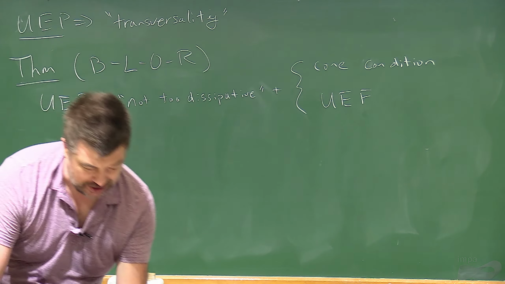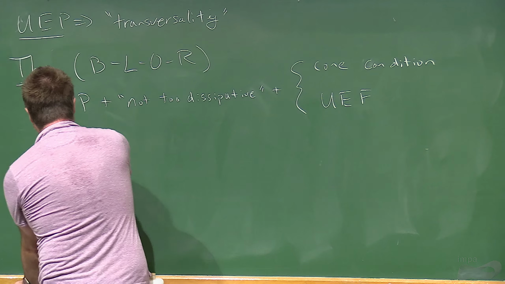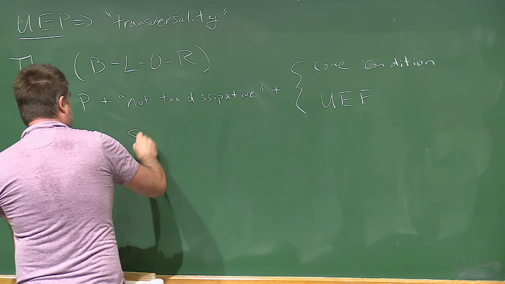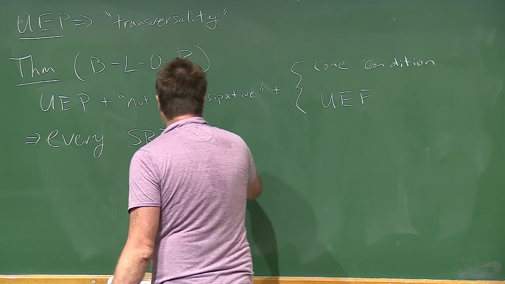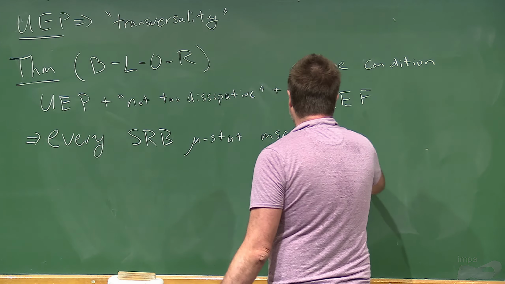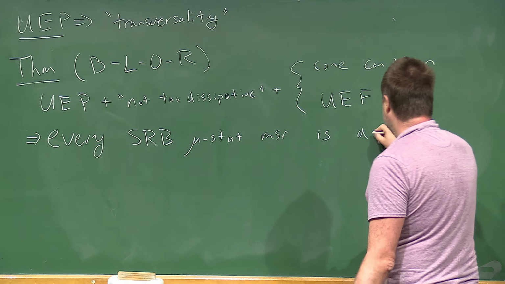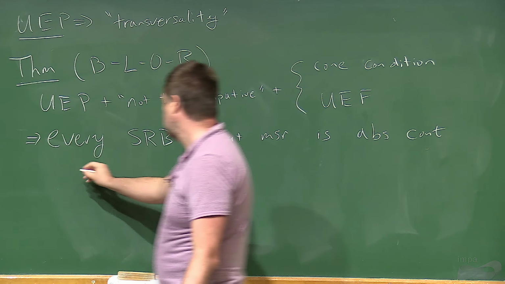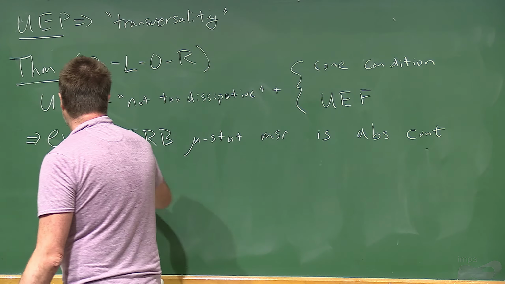From this, we're able to show that this implies that every SRB mu stationary measure is absolutely continuous with respect to the Lebesgue measure.